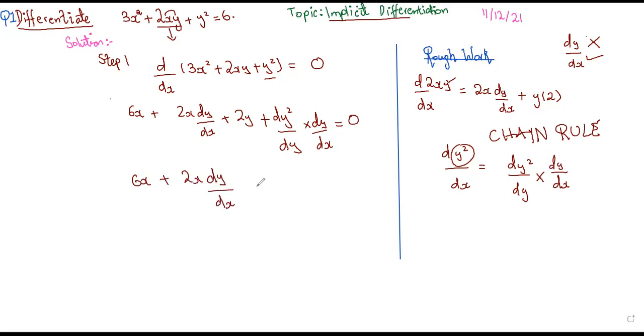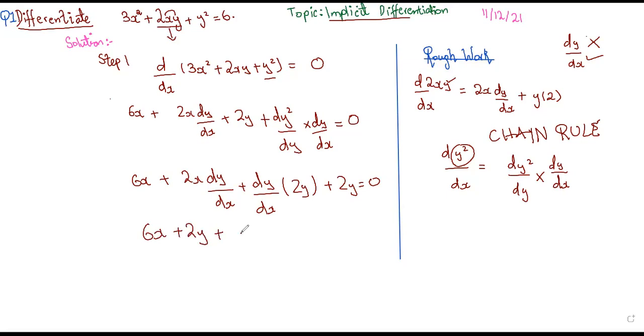Let's just write down the dy dx terms together. Again, we have dy dx. And what is the derivative of y square with respect to y? 2y. Very good. Plus, we already had this 2y equals 0. 6x. So what is the next step?